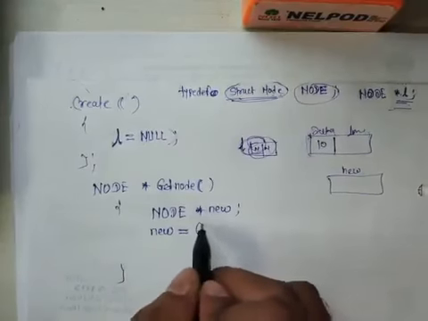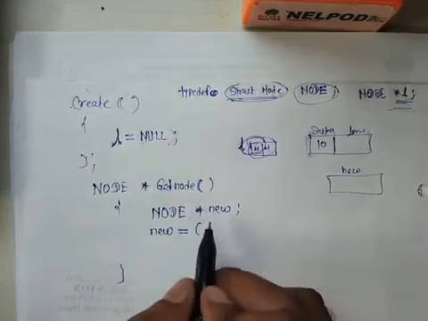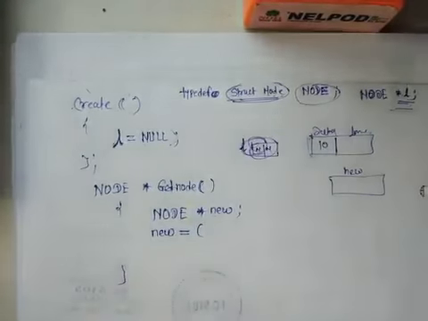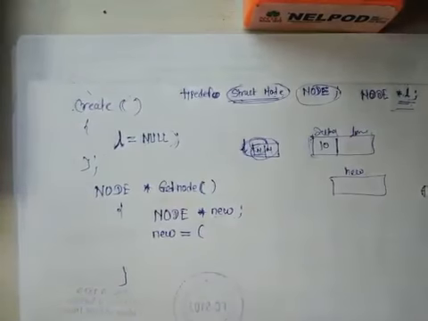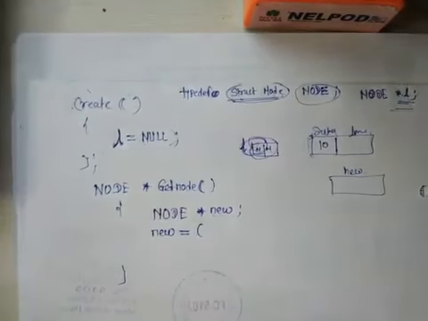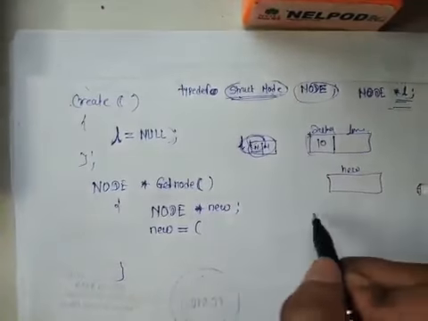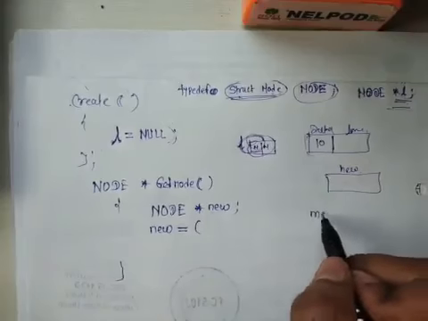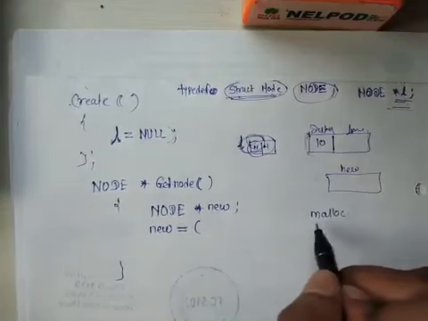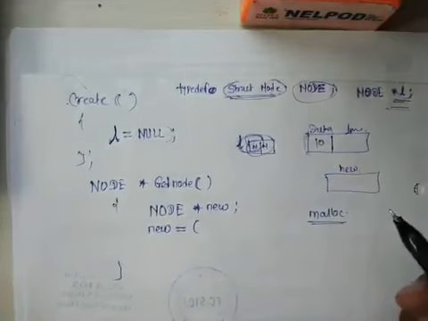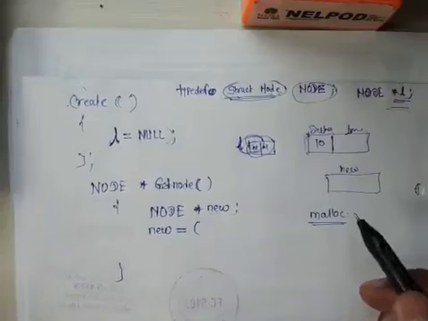We are going to allocate memory dynamically, and in C programming we can allocate dynamic memory using the malloc function. We can allocate memory using malloc and calloc. But there is a syntax to allocate memory using malloc.